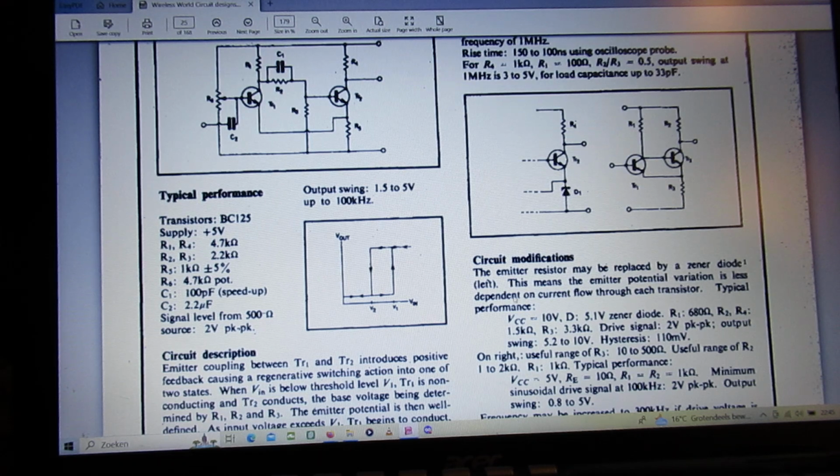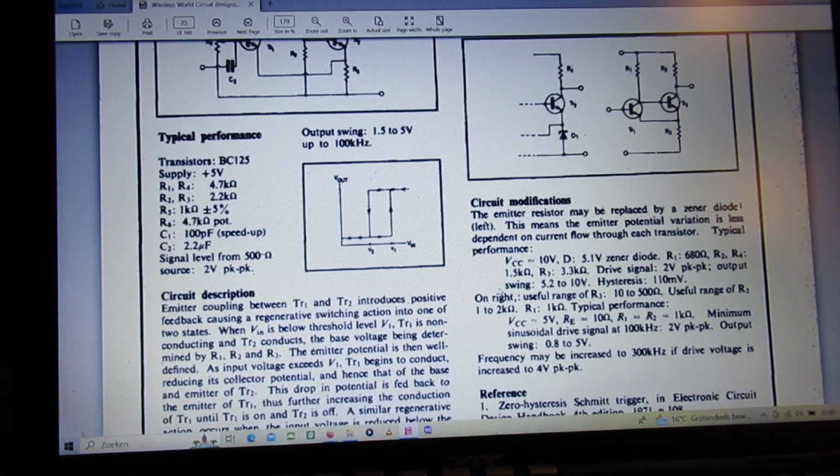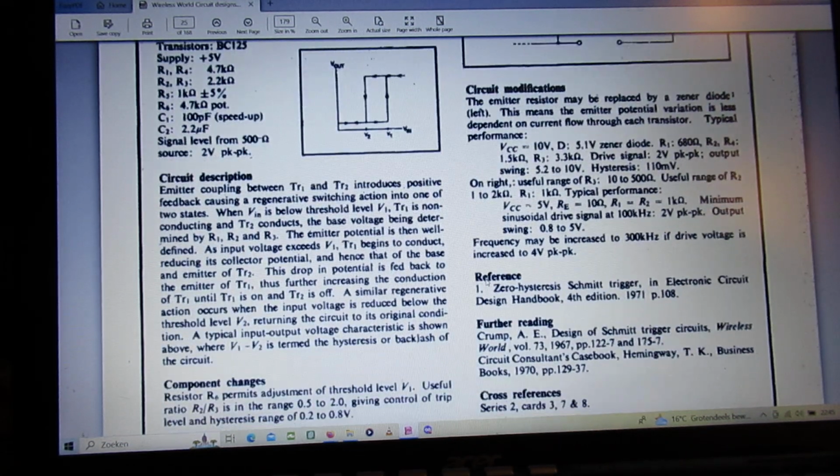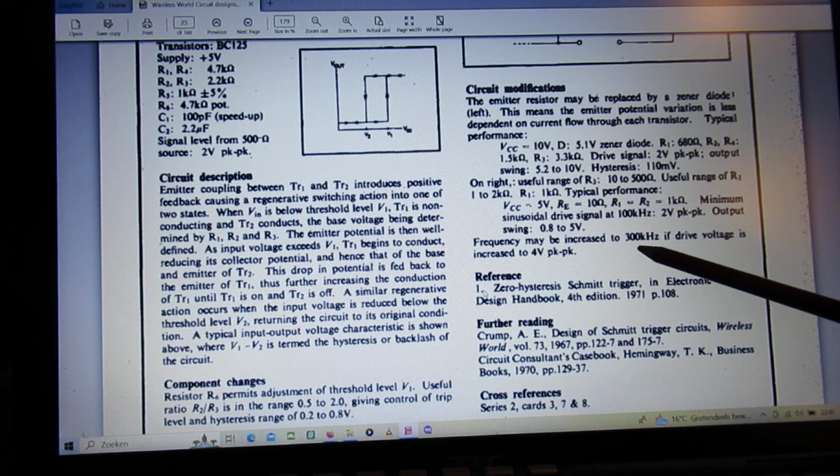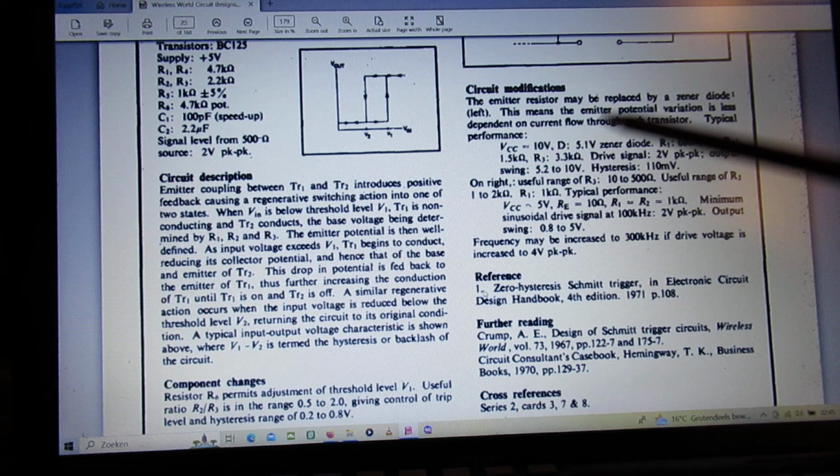And of course there's a lot of information here in that Circards book. Circuit modification, well, etc. Frequency may be increased to 300 kilohertz if the drive voltage is increased to 4 volt peak.